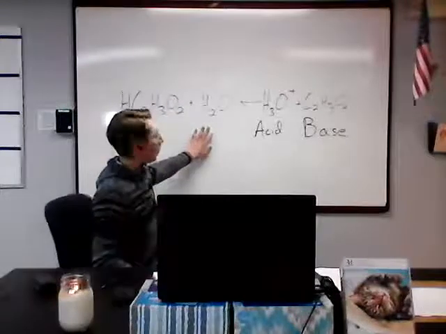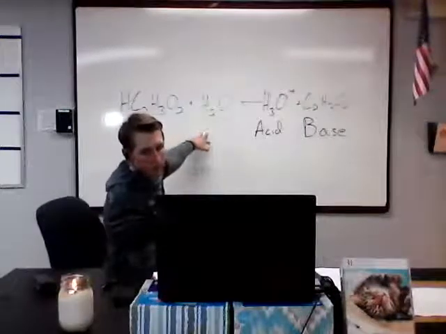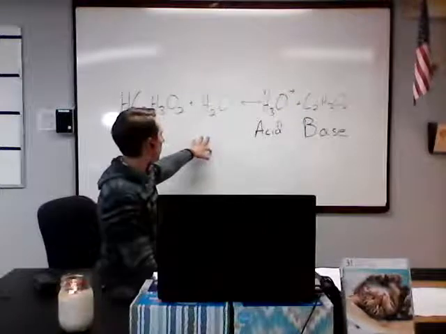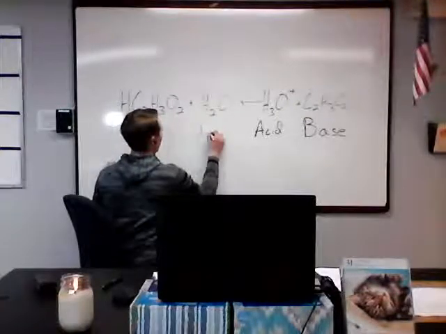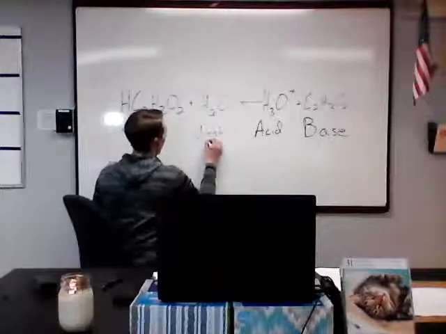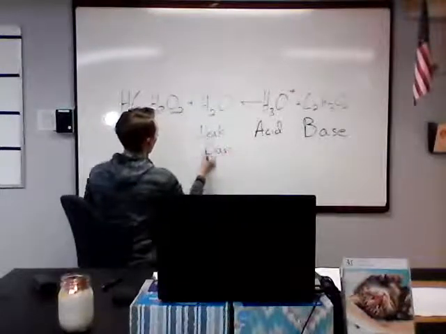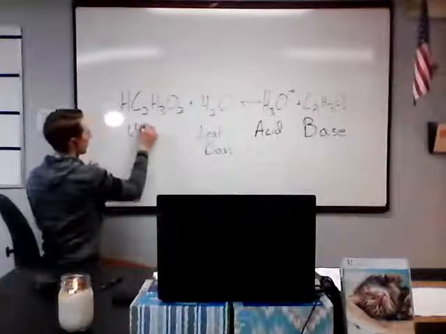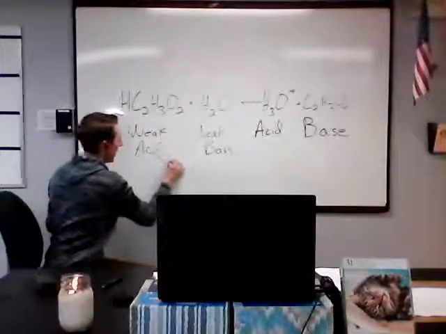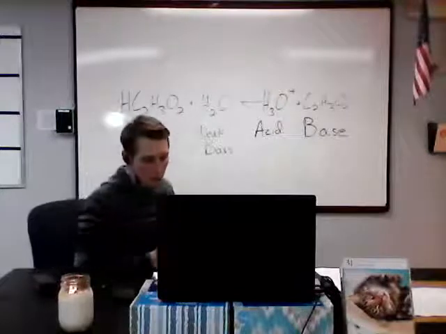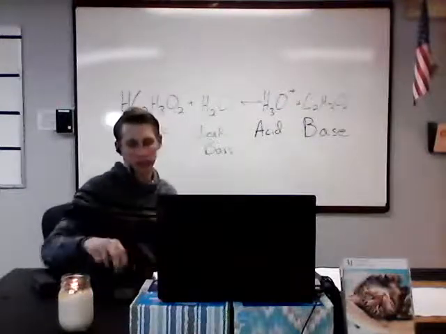If we look here, what's this one going to be? There you go. Weak base. We have our weak base. And then what's this one going to be? Weak acid.